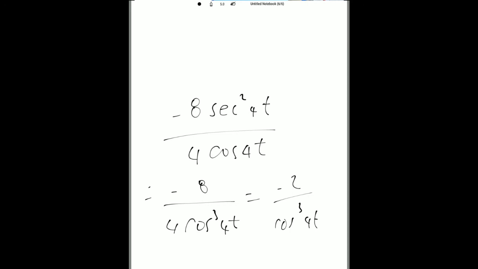And negative 2 over cos cubed 4t is the same thing as negative 2 sec cubed 4t. So here we have it. We have found d squared y by dx squared, the second derivative of this parametric equation.